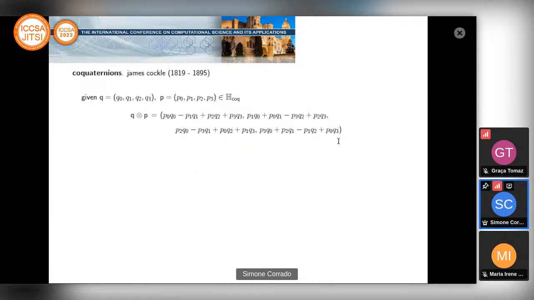Yes, quaternions were introduced by James Cockle just a few years after the work of Hamilton, and this is a four-dimensional algebra, and the product, well, I wrote the product like that, just because.